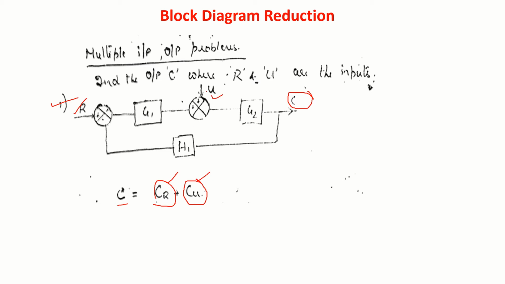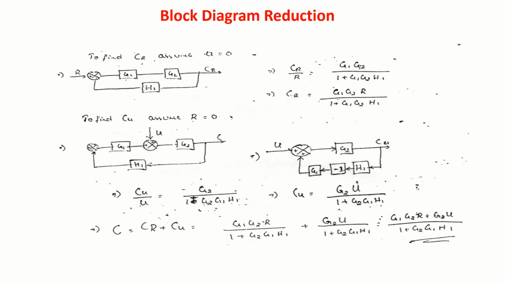To find CR, you assume U is equal to 0. To find CU, you assume R is equal to 0. Assume U is equal to 0, then the block diagram will be simplified like this. Then it is in canonical form, you can find CR.